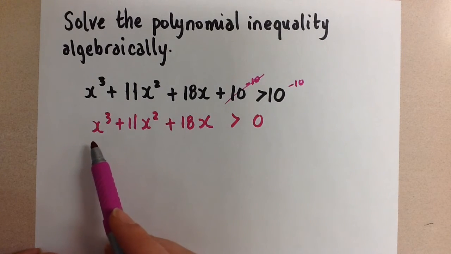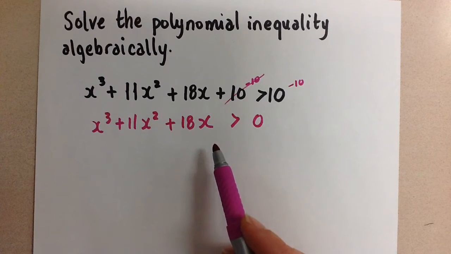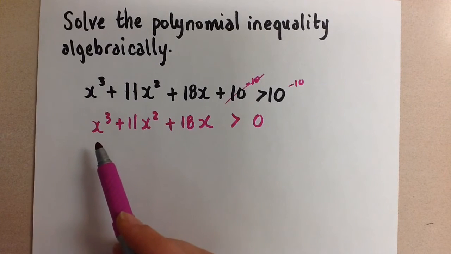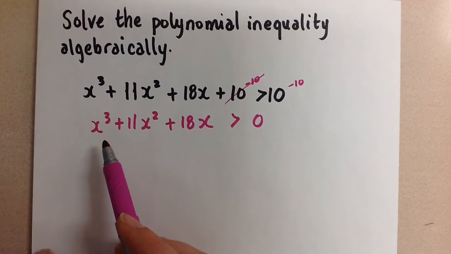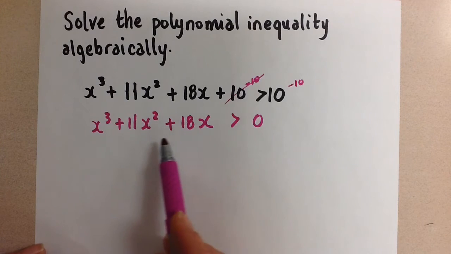Now we're going to factor this polynomial. There are different ways to factor a polynomial, and you have to determine the method that you're going to use. It is a degree 3 polynomial, so in some cases we might use the factor theorem and do long division in order to factor it, but in this case we do have a common factor of x, so I'm going to pull that x out.